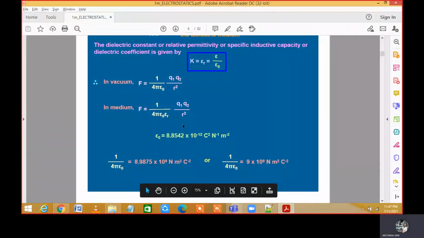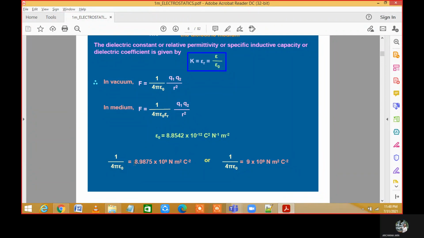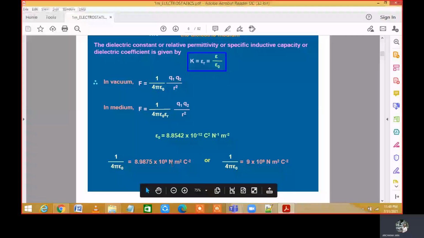This epsilon naught is constant. When we substitute the value of the epsilon naught here, pi is 3.14, then the value of 1 upon 4 pi epsilon naught, that is to say K, comes out to be this. And approximation we take as 9 into 10 to the power 9. In place of 8.98, we write 9. That's why the value of 1 upon 4 pi epsilon naught is 9 into 10 to the power 9.